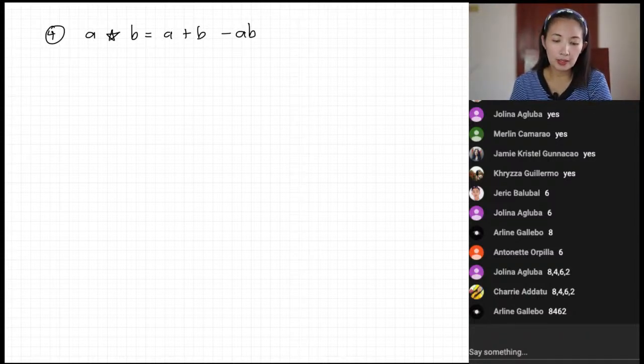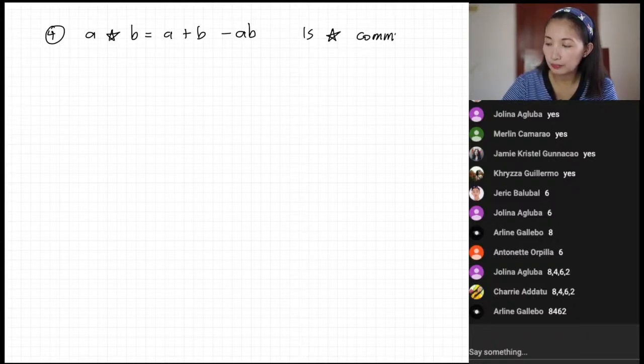A plus B minus AB. And the question is, is star commutative? Is star associative?